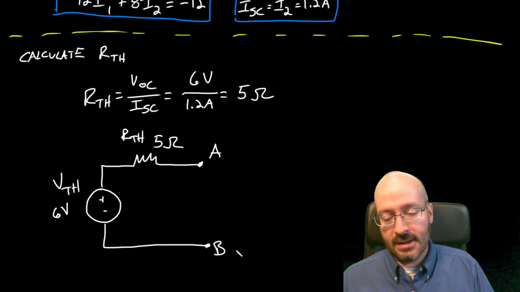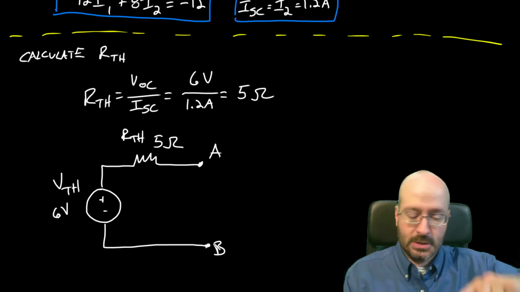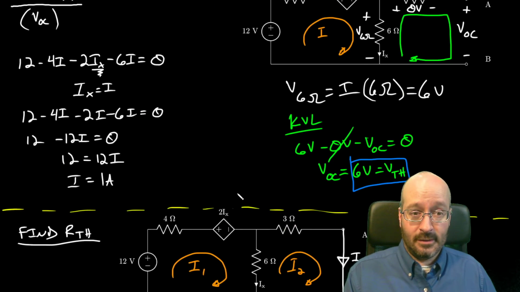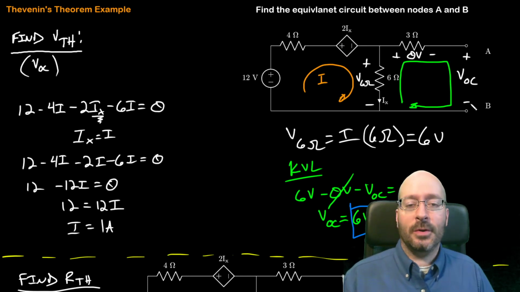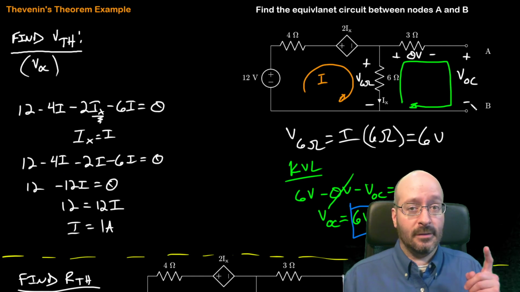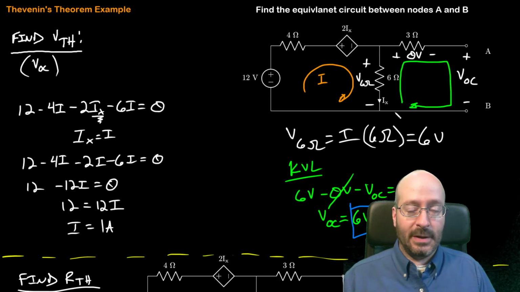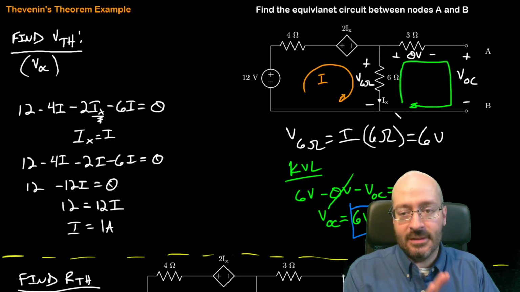Okay, we've got nodes A and B. Anything we connect here is going to see the same voltage, the same current, and therefore the same power as if we connected it up here. Which analysis would you much rather do? I would rather look at the voltage divider and a little bit of Ohm's law using the equivalent circuit, rather than having to come back and, every time I swap out a load, go through this analysis with a dependent supply. So that's the power of Thevenin's theorem.